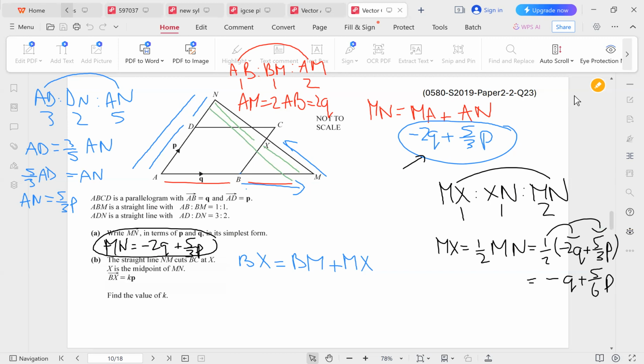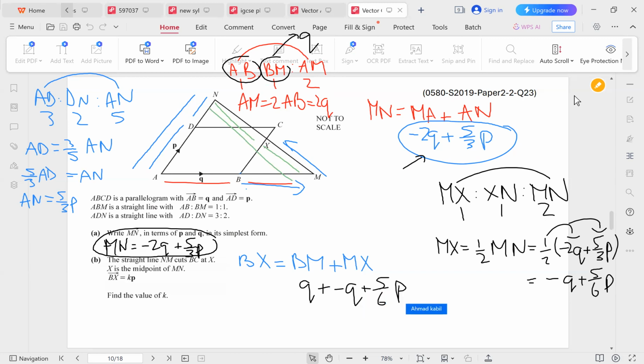So we have BM as well. So BM is equal to AB. We already have that from the first ratio. This is BM here, and this is equal to AB. So AB is q, so BM is q as well. Now, since we have BM, we can just write q, and MX would be negative q plus 5 over 6p.